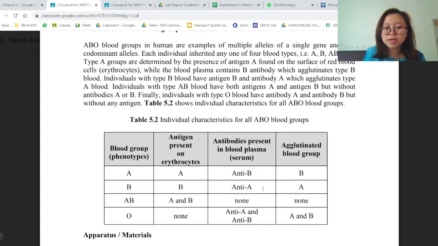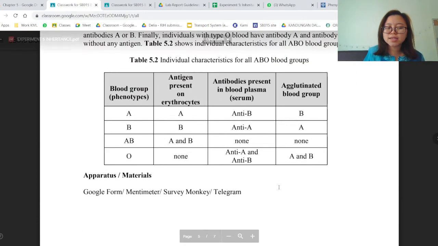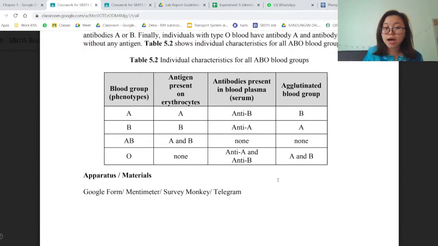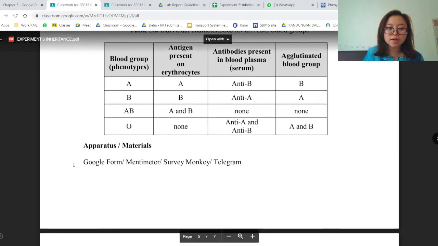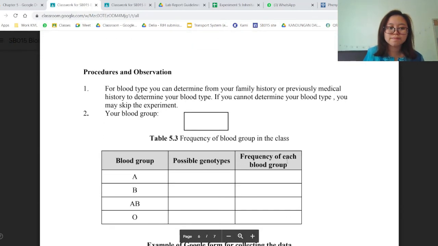Kalau sel darah B, terjumpa anti-A, dia tergumpal. Okay. I think this is something that you've covered during your SPM years as well. But if you're still unclear, feel free to ask again. Okay. The apparatus and materials used is also Google Sheet.